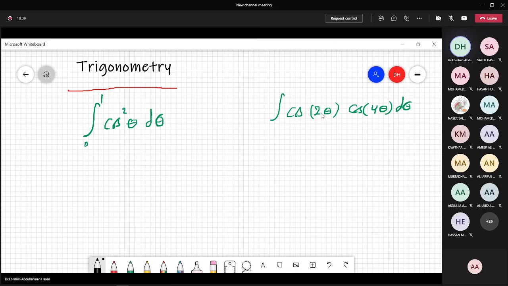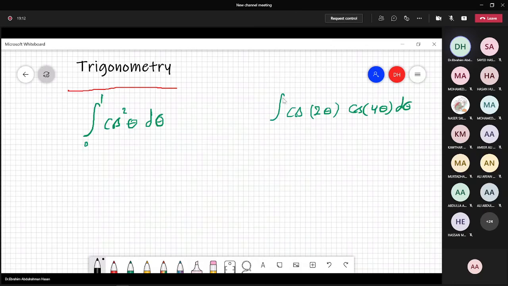If it were the same angle, 2 and 2, we would get something like the previous one. But cosine multiplied by cosine with different angles, or cosine multiplied by sine, or sine multiplied by sine, again we need an identity. It is not linear, so we need to linearize it, then we can solve it.